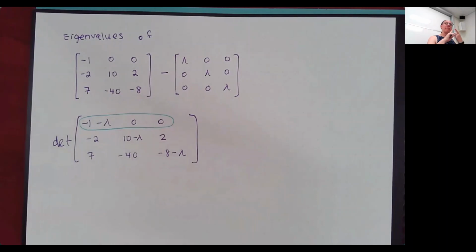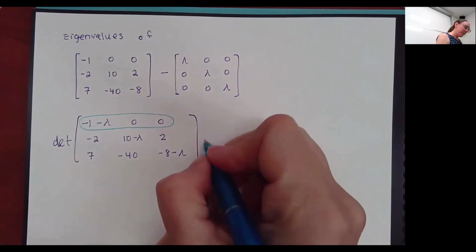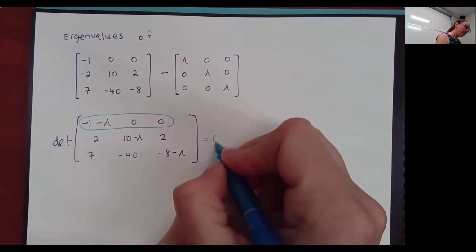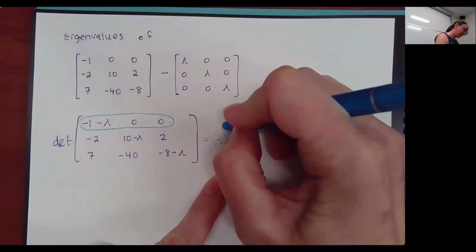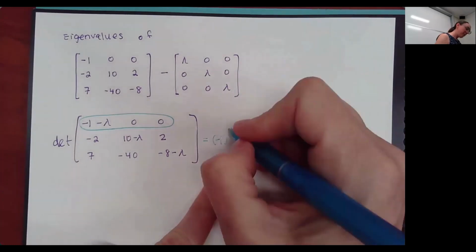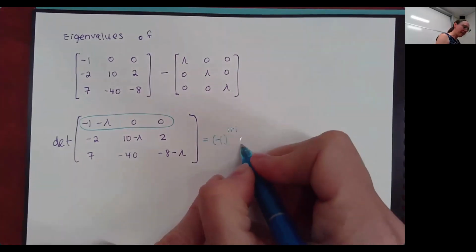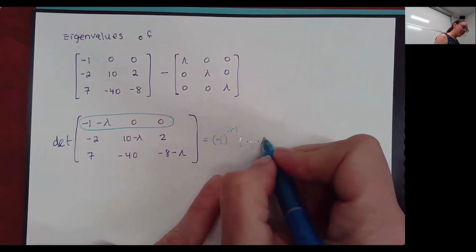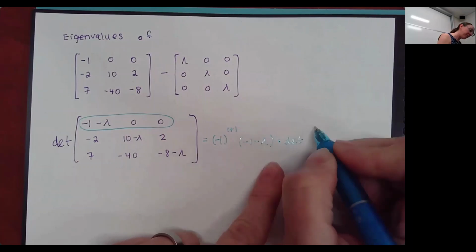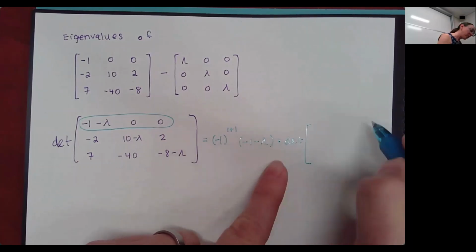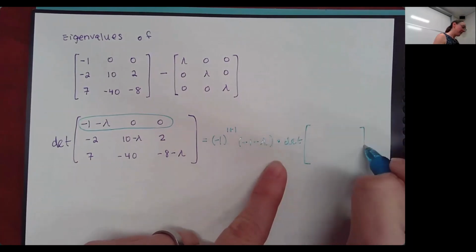It's in the first row, first column, so I would have -1 to the 1 plus 1, which happens to be positive. I've got that times -1 minus lambda. And then I need to multiply that by the determinant of the 2 by 2 matrix that's going to be left.